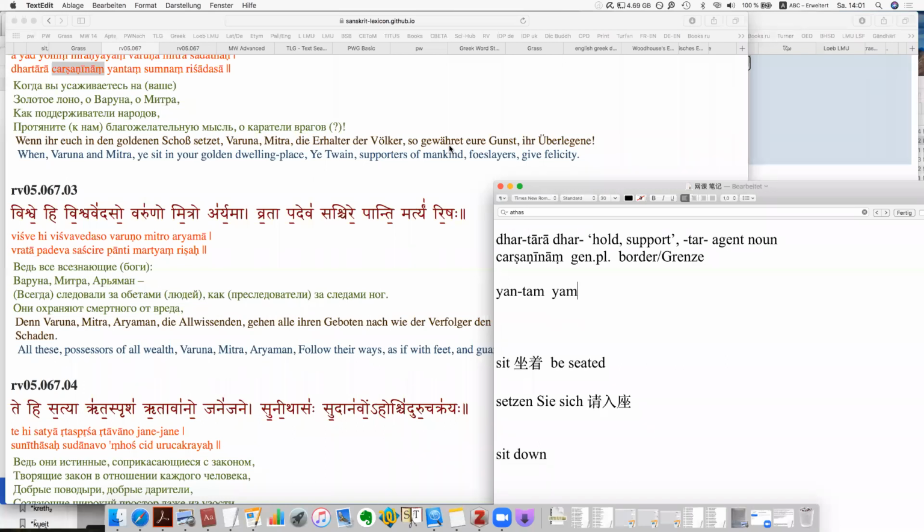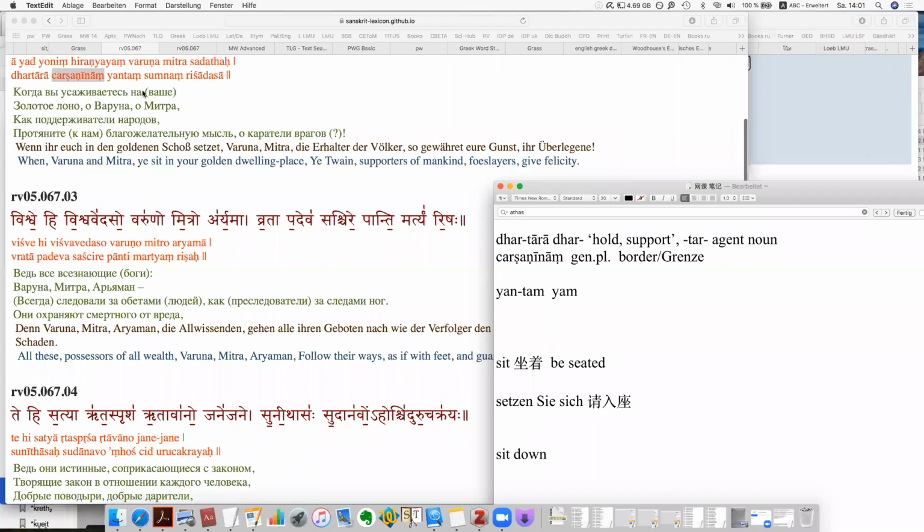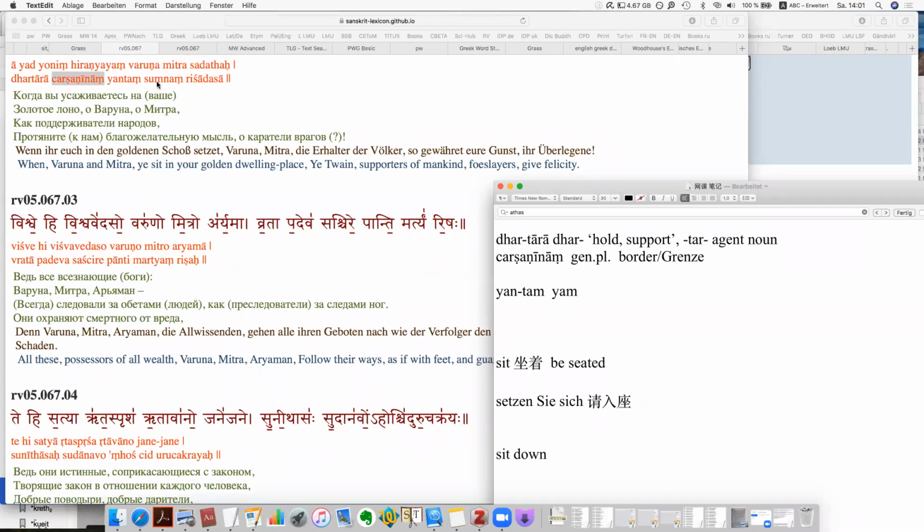And then bestow what? Sumnam, felicity, or good fortune, happiness. And then this is a title. It has several interpretations, but we can take it as someone who is high above, überlegender, or foe slayer. Überlegend means that you conquer something. So someone who is higher and someone who can conquer others.